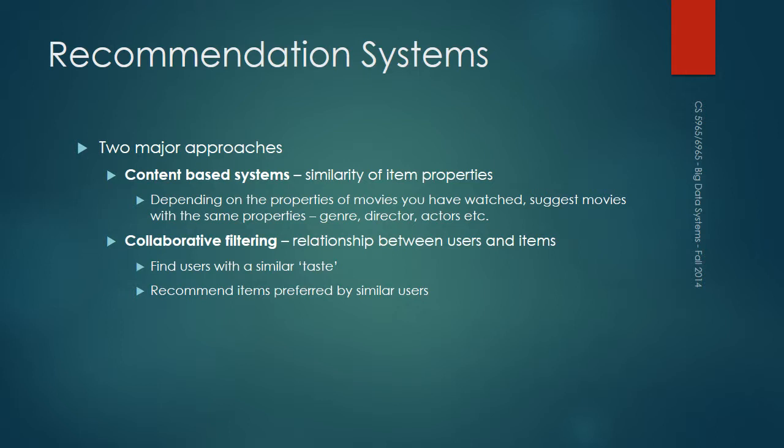We talked about two major approaches, and depending on the kind of system that we are designing, one of them might be preferable. You have content-based systems which try to characterize all the items they have by some features or some properties.